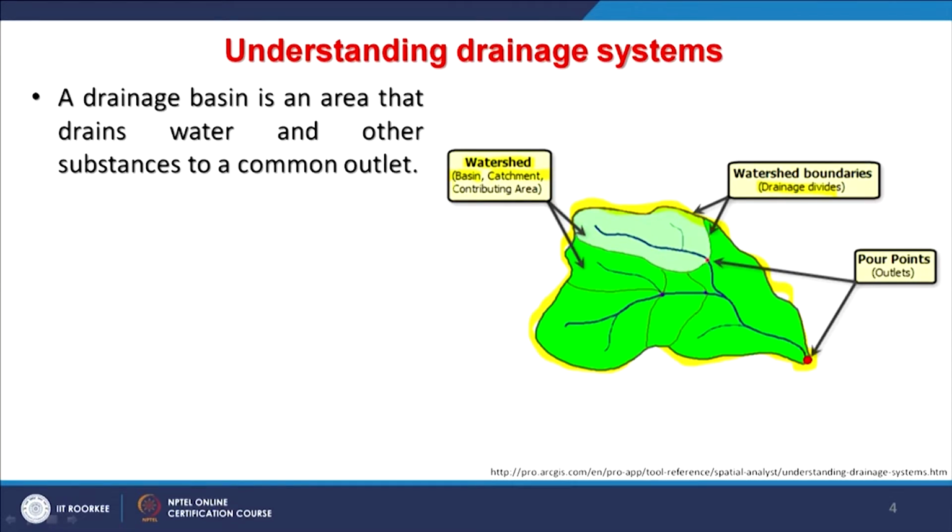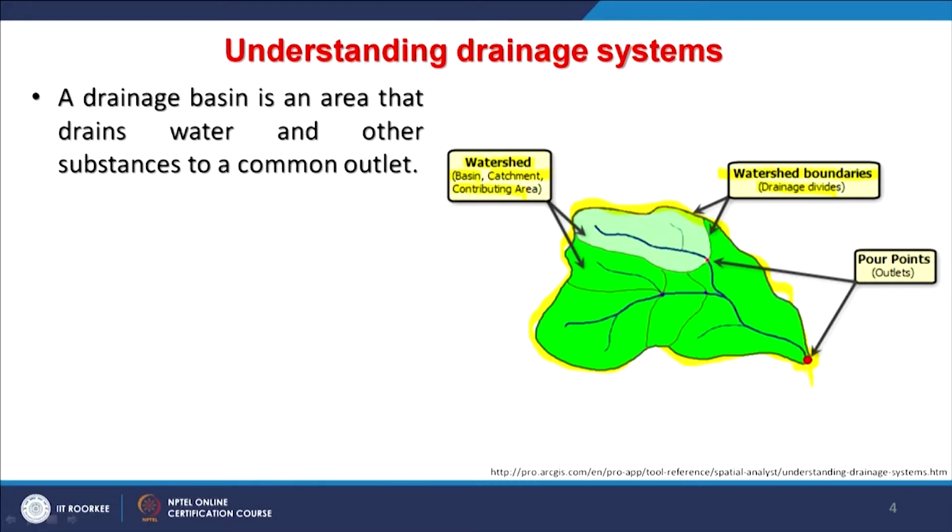All are contributory areas. Whatever precipitation occurs within the topographic high area, depicted through these watershed boundaries, whatever precipitation occurs within this boundary has to come out from this pour point or outlet.